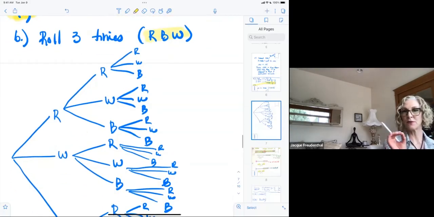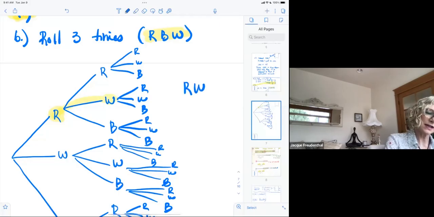So if I start with red, then I don't want any more reds in my next rolls. So I can go red, white, and I'm going to write the cases out here. I don't want another red, I don't want another white, but I can go red, white, blue. Or I could start with red again, and this time I'm going to go blue.